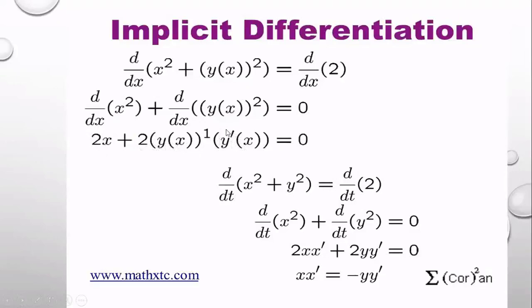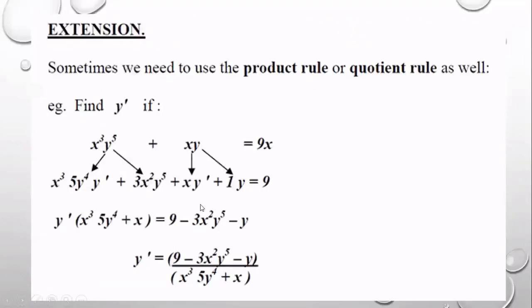Why? Implicit differentiation. Finally, you want to find this y dash. What is the y dash? Differentiation of an implicit function. Differentiation means y dash, not y. Y is a variable. We want y dash or dy over dx. Here you see x cube into y to the power of 5.